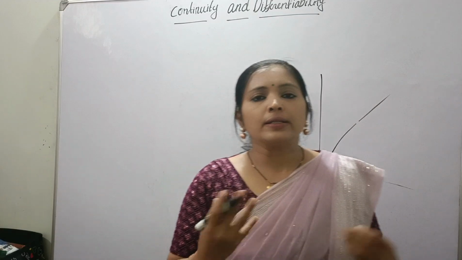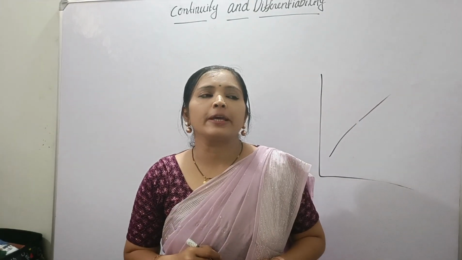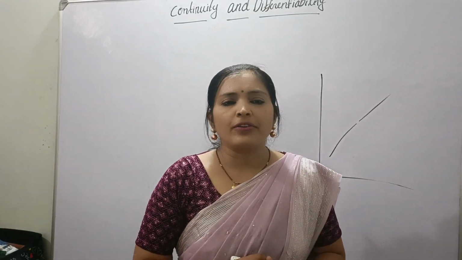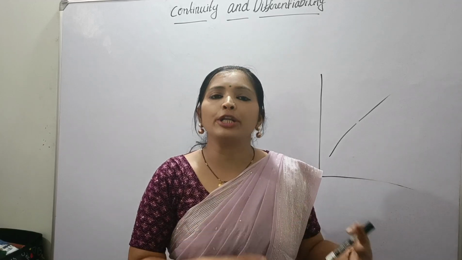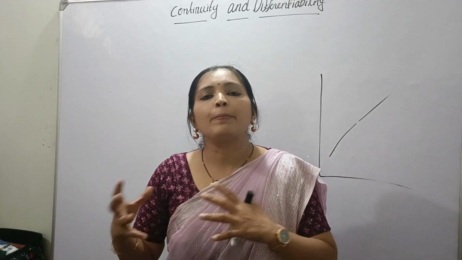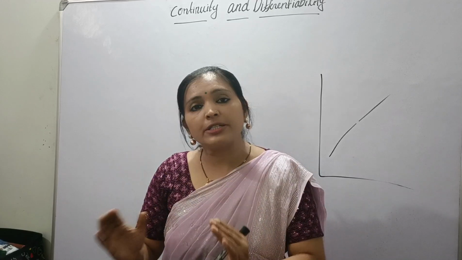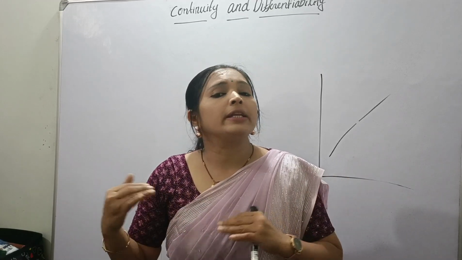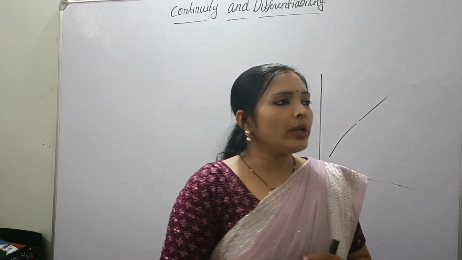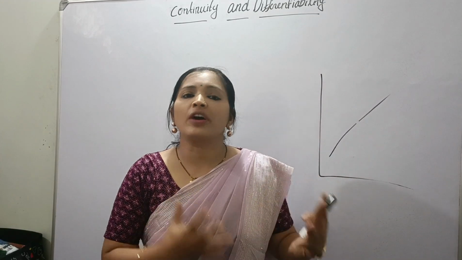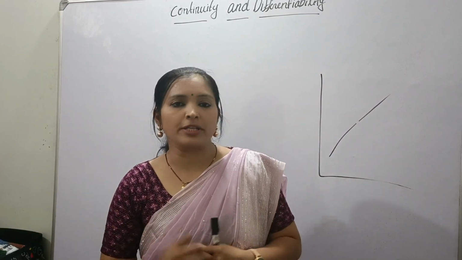Now mathematically, we say the function is continuous at a point, or continuous on some interval, or continuous in the real line. So now let us study how a function is continuous at a point.